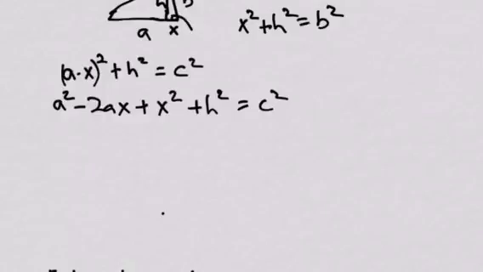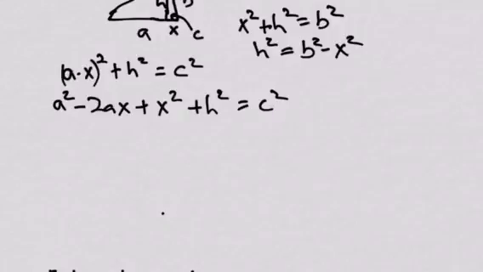I want to suggest I know a third thing, which is angle C. So if x squared plus h squared equals b squared, then h squared equals b squared minus x squared.